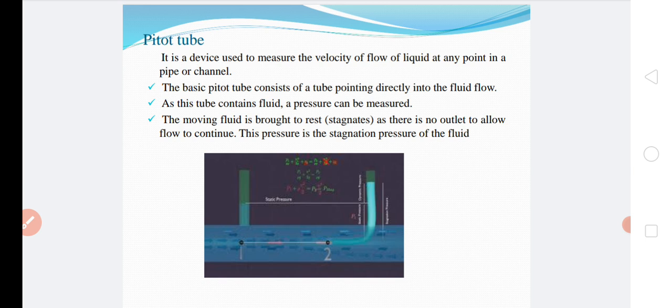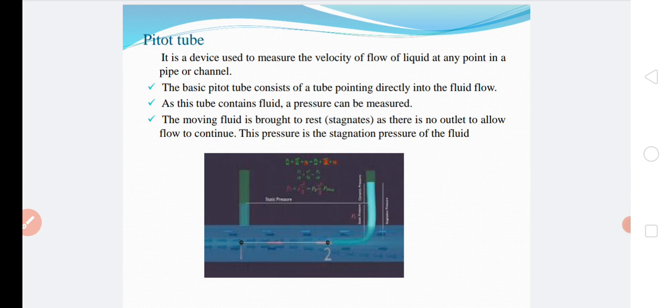It consists of a tube bent at right angles having a small opening near one end of this tube, that is B, point 2, which is placed in the flowing liquid facing the direction of flow.